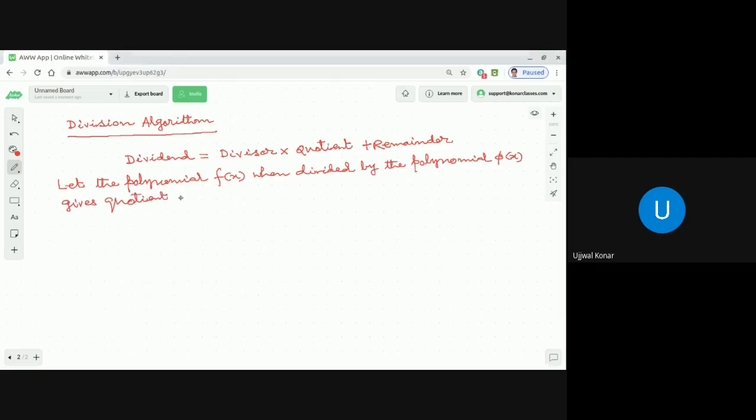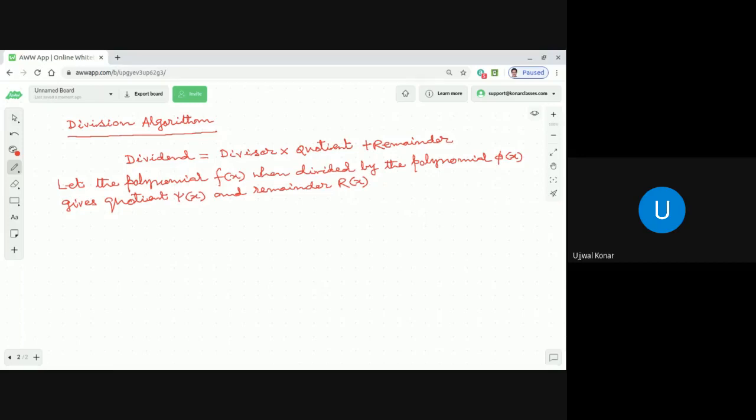What is the quotient we are getting? The quotient we are getting is psi(x) and the remainder R(x).